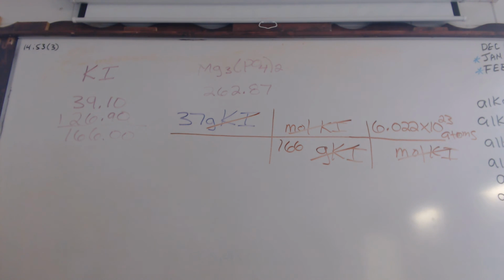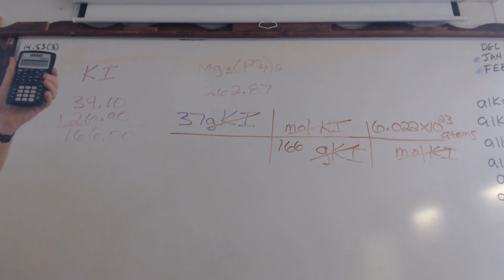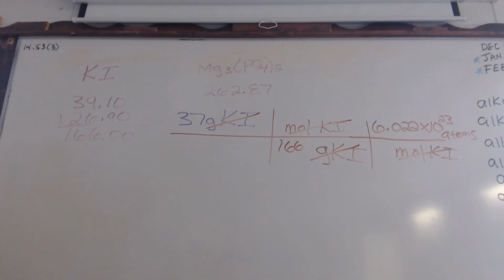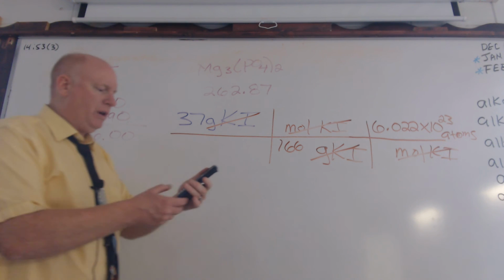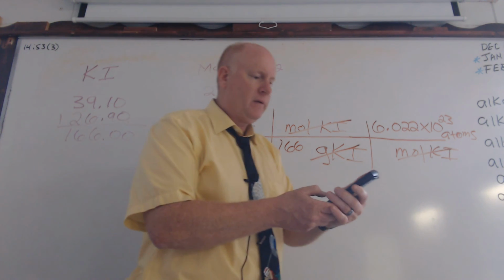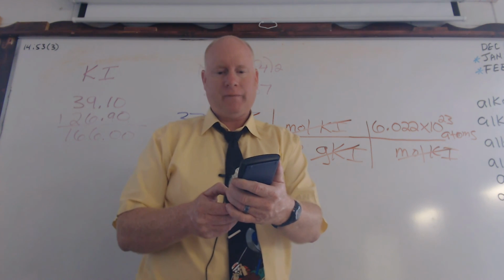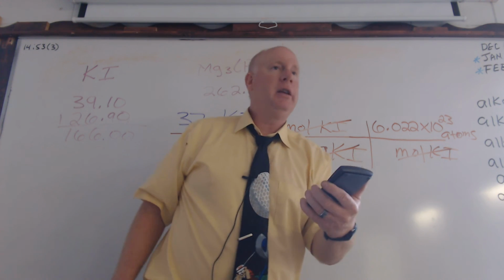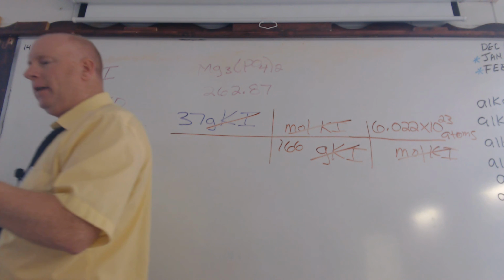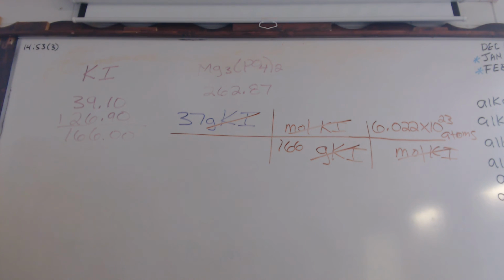So once you've done that, you see where it pops up as an E? Now you know you're in the scientific notation function, and you just hit 23. Go ahead and hit equals, and you get 2.22 times, well, there's some other numbers, but 2.22 times 10 to the 25th.